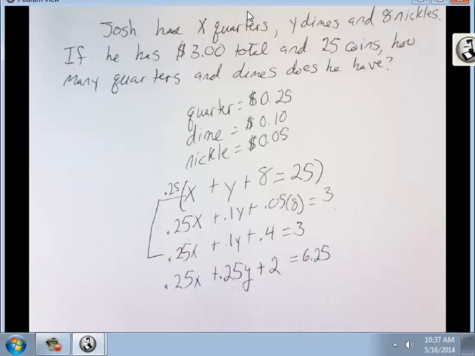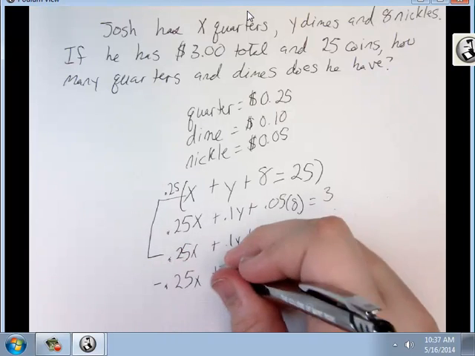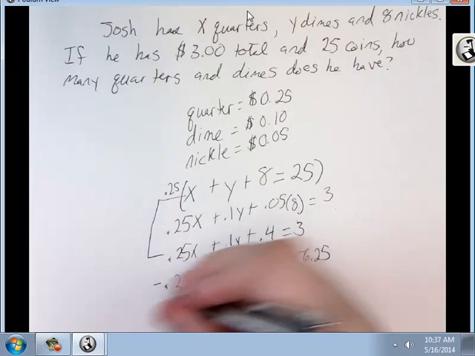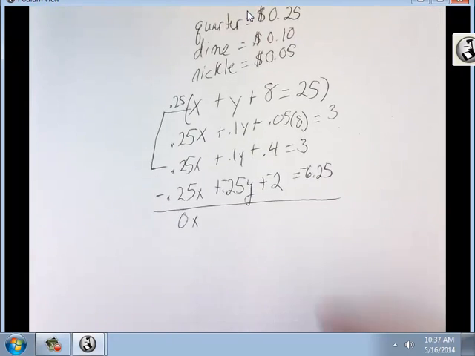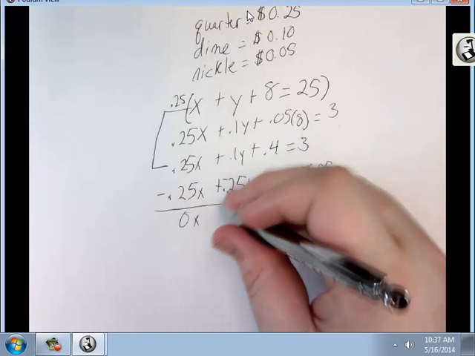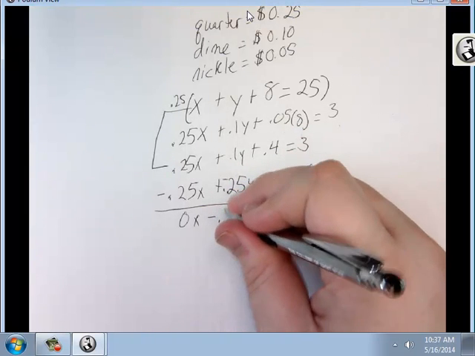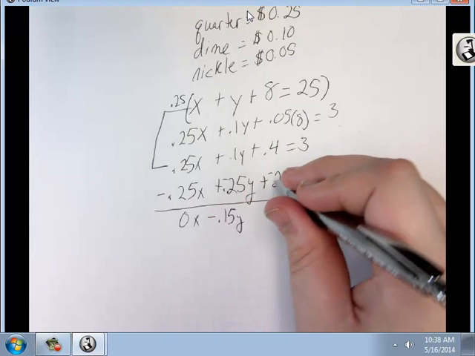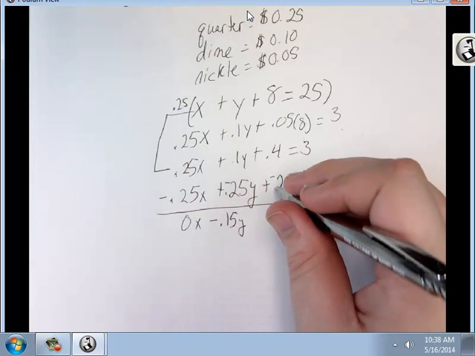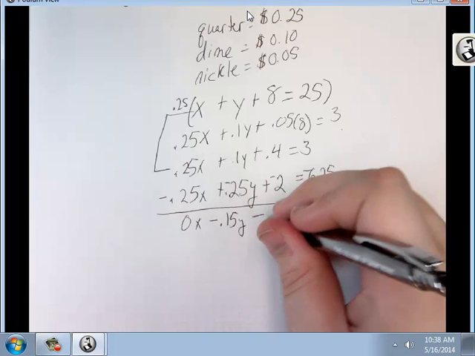Alright, now I can just subtract everything here. 0x, 0.1 minus 0.25 is minus 0.15y. 0.4 minus 0.2 is minus 1.6 equals minus 3.25.